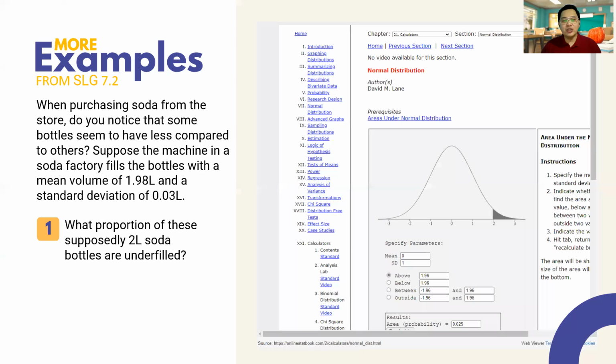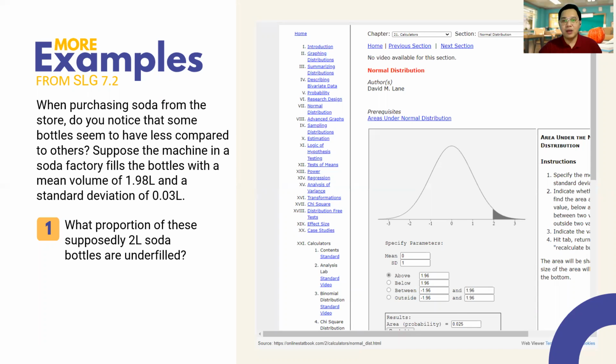Suppose that the machine in a soda factory fills the bottle with a mean volume of 1.98 liters, when in fact its target volume is 2 liters. And the standard deviation of the volume of the liquid inside these bottles based on the records of the factory is 0.03 liters. What we're asked to do is find the proportion of these supposedly 2-liter soda bottles that are underfilled.